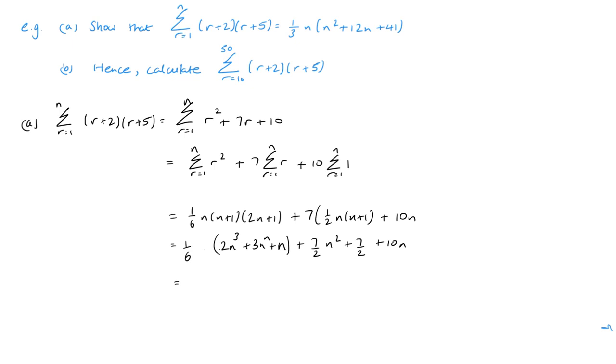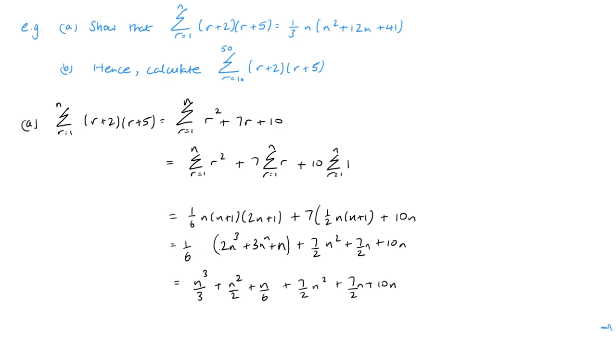And I could also take out the n, but for now I'll just multiply through by the 6 so that we can get this into something a little bit nicer. Oh, sorry, this should be an n with this 7 over 2 there.